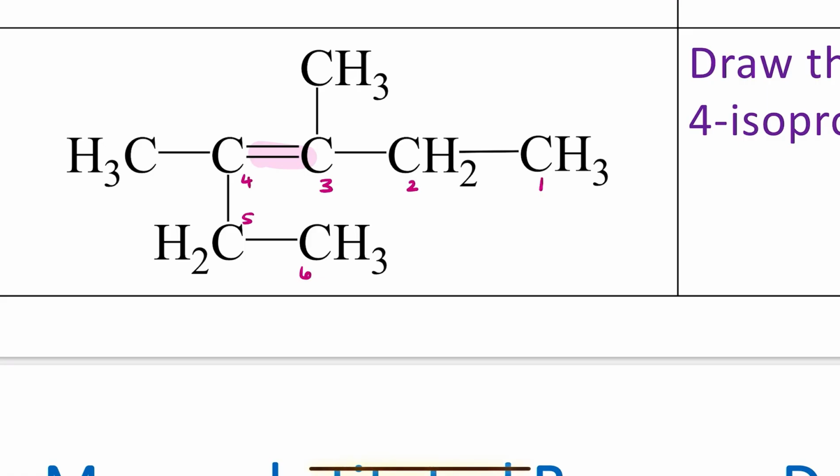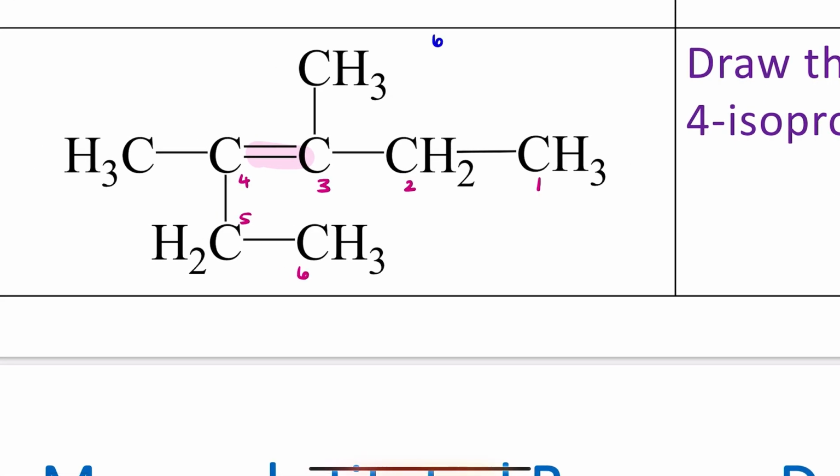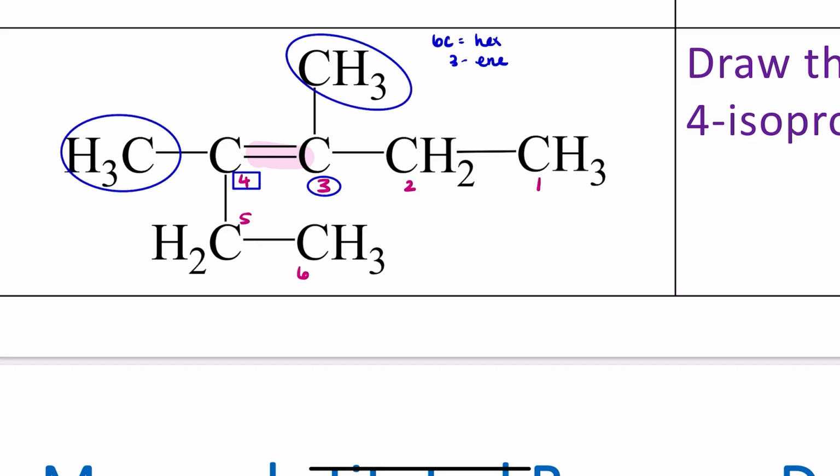1 through 6. I have 6 carbons, which I know is hex. I know my ending is ene, because I have a double bond, and I know that my ene is at the third carbon. I see here I've got 2 methyl groups, one at the third carbon and one at the fourth carbon.